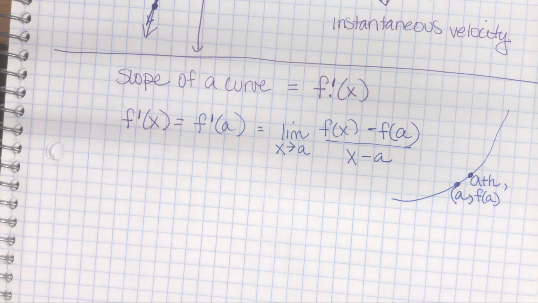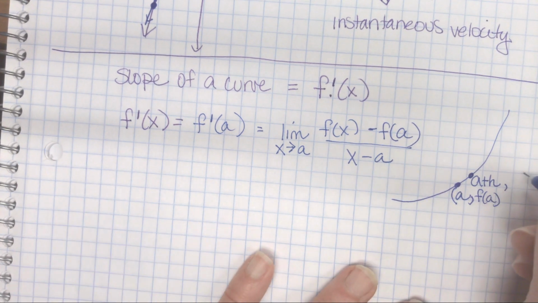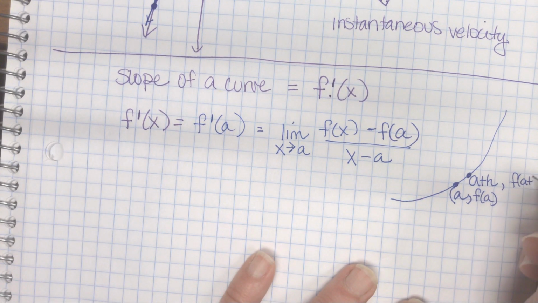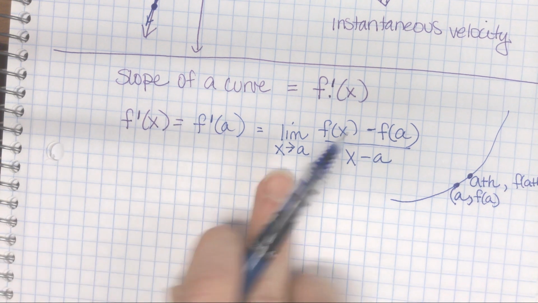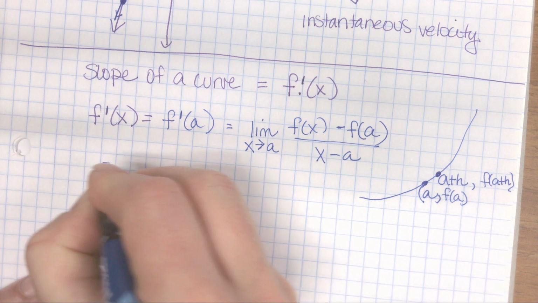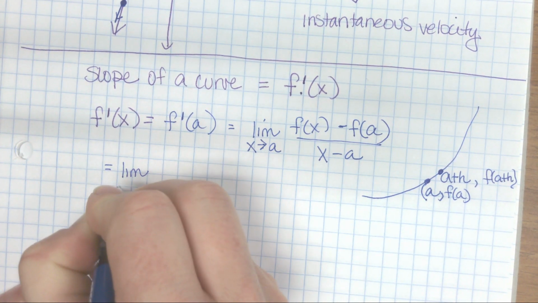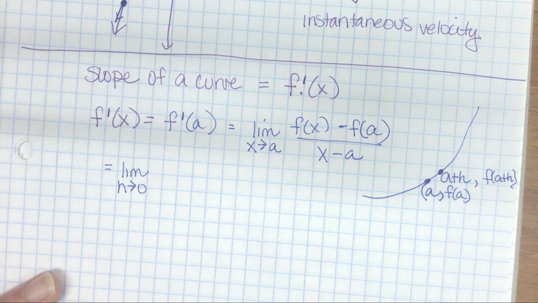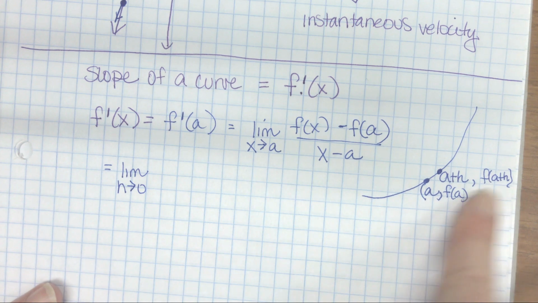If I had this point over here, A and f of A, and over here the point A plus H and f of A plus H, another way of writing this definition is the limit as H gets closer to 0, and then I plug this in the slope formula.